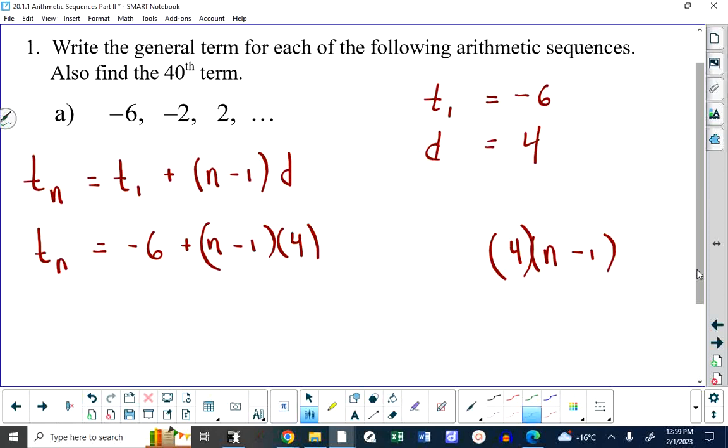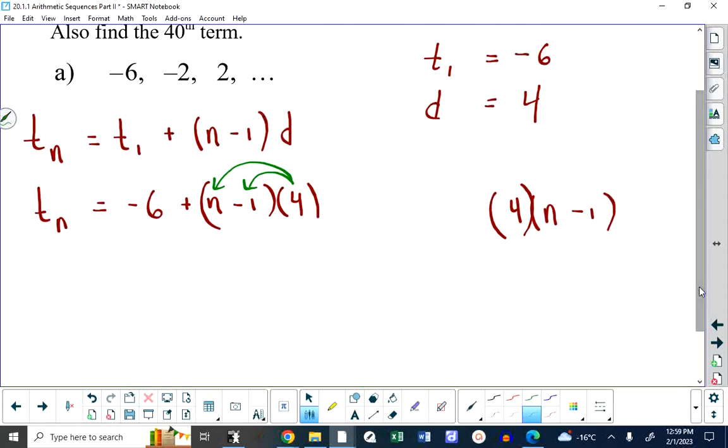I have to multiply this 4 by the negative 1, and I have to multiply that 4 by the n. Notice I said by the negative 1. That minus in front of the 1, it's more useful to think of it as a negative that's owned by the 1. Don't think of it as minus 1. Think of it as n plus negative 1.